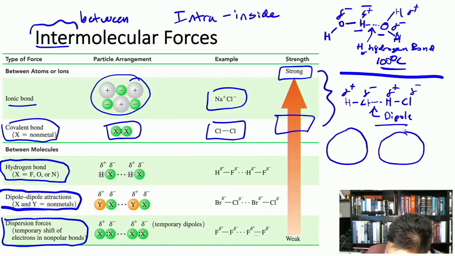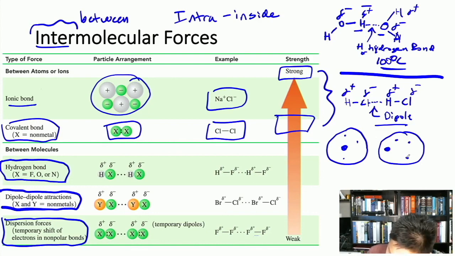And I have a nucleus of the first molecule, and I have some electrons. And then over here I have a nucleus from the other molecule, and electrons over here.